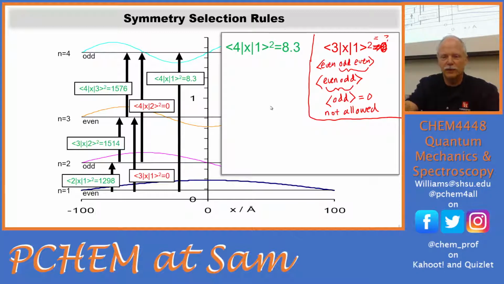Okay, we can do this other one. Let's go ahead just for practice. We'll see that this one is non-zero, this overtone. So for n equals 4, we have an odd, and for x is odd, and for 1 is even.